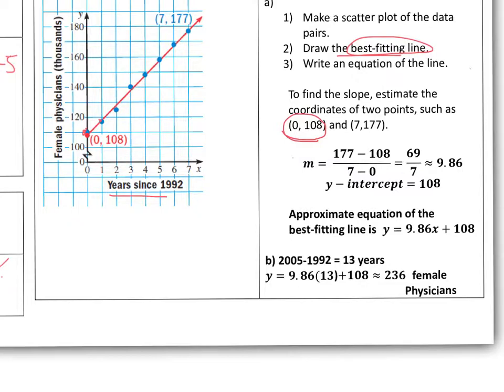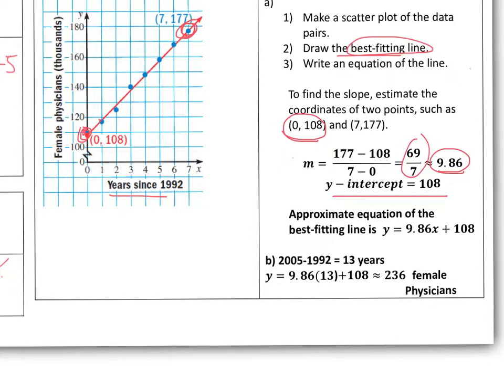Okay, so basically I use the last point, to be more accurate. The beginning point and the last point, and then take the difference of 177 and 108 in the numerator to get 69, and 7 minus 0 to get 7, and then I do the division, and then I round it to the hundredths place to get the slope, 9.86, and the y-intercept 108.